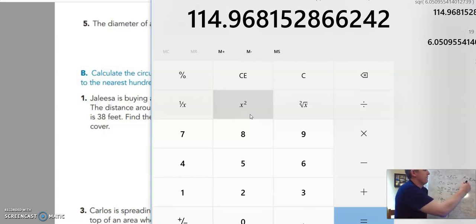You may not have figured it that accurately, but that's okay. If you rounded to 6.1 like I showed, it's going to be a little bit different, and that's all right. Actually that's going to be really close to 115. So our area is about 115 feet squared.